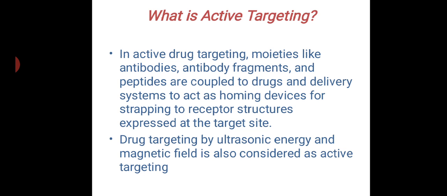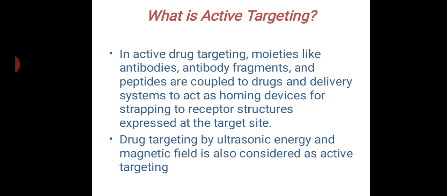Now, what is active targeting? In active targeting, the targeting is done with the help of certain antibodies, antibody fragments, or peptides. The drug can be coupled with these antibodies and it can be developed.